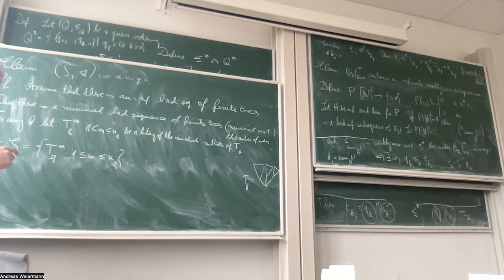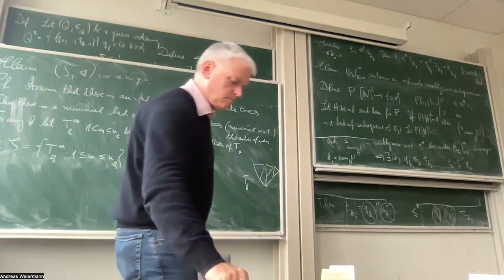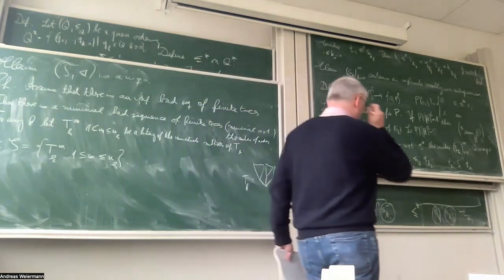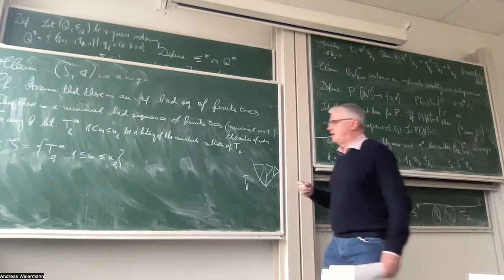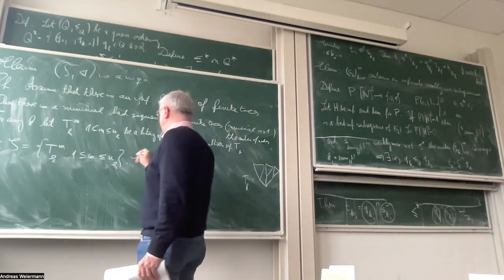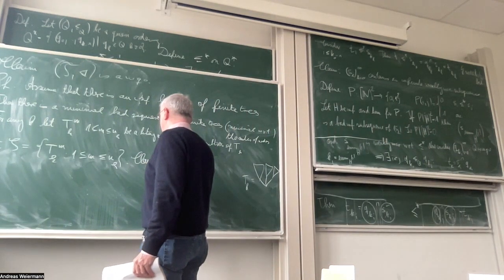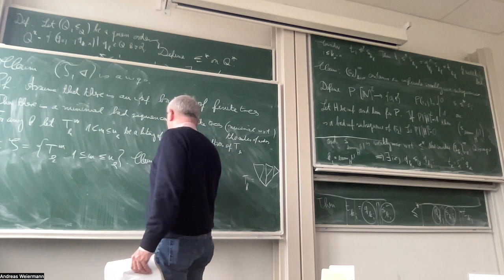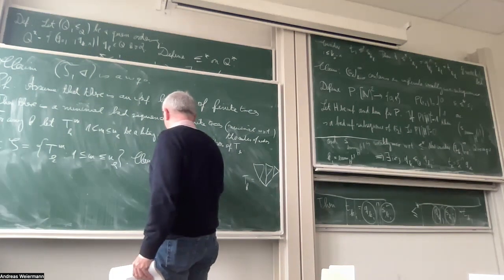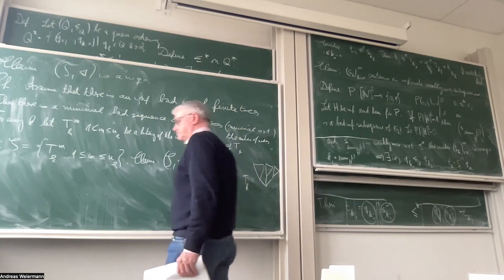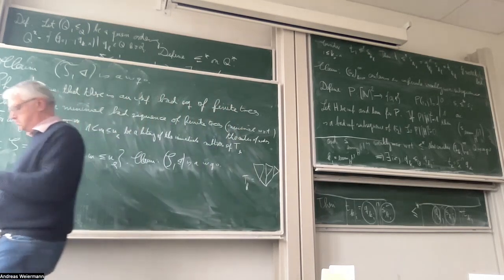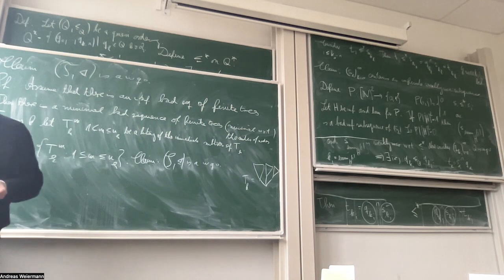So it's similar as before. And now we do something with the shorter trees. Claim is S is well-quasi-ordered.